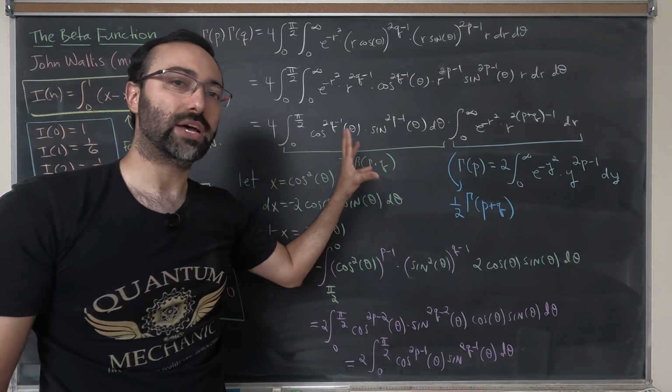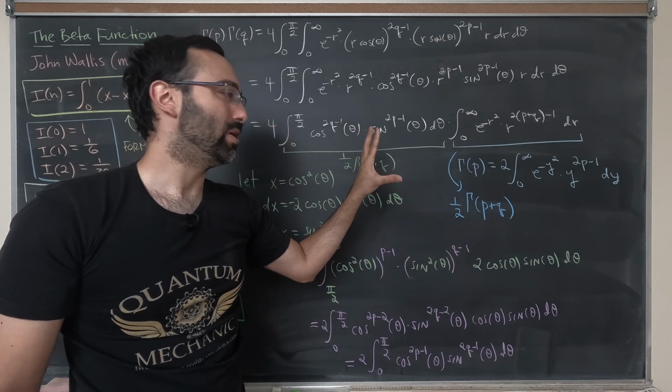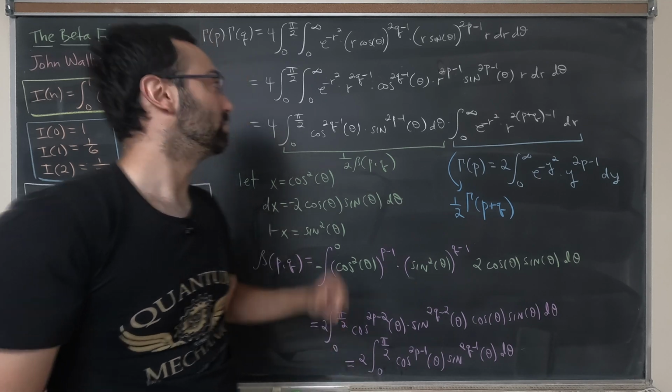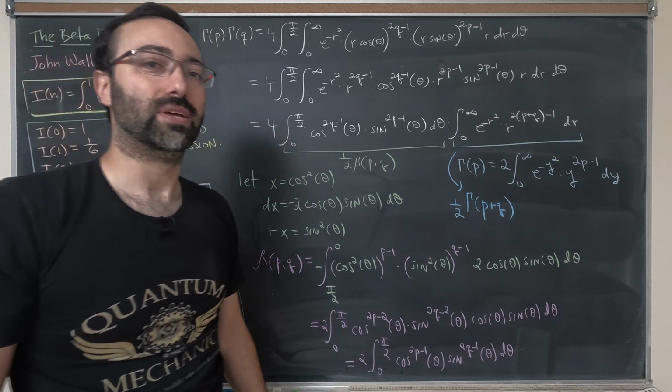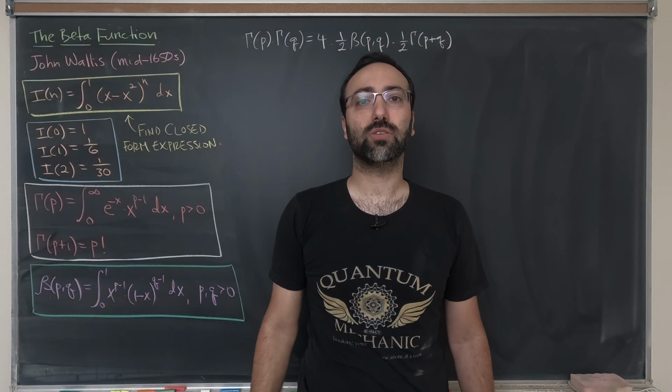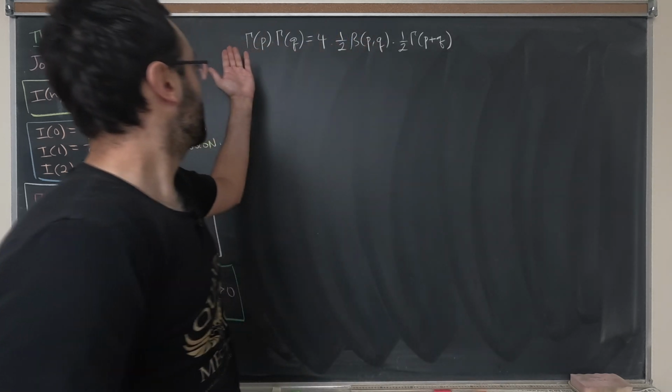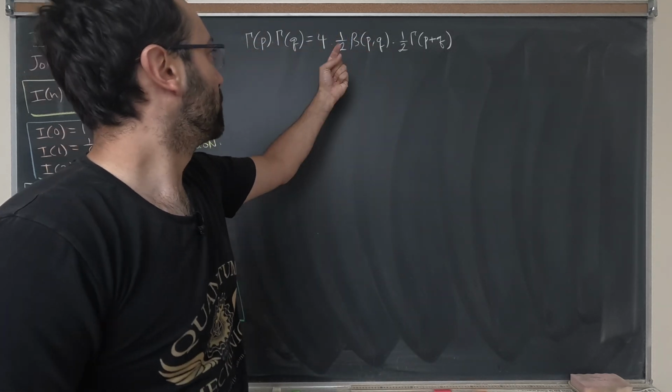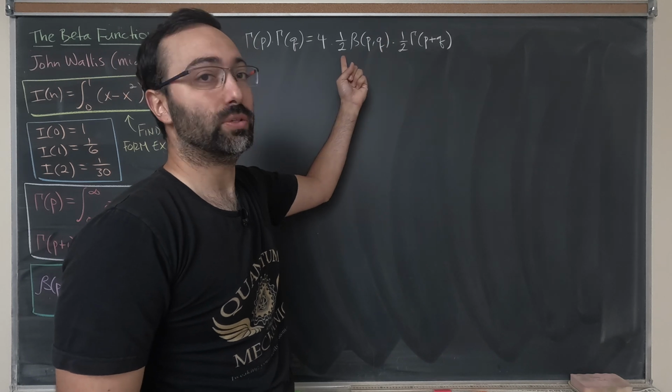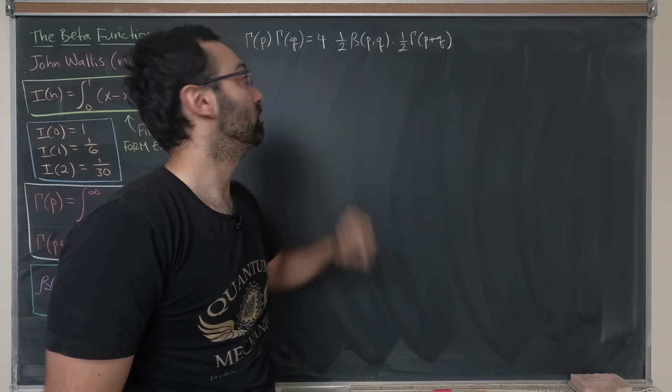So let's put this all together now, and we'll see how we can find a closed form expression for John Wallis's integral. Okay, so here we are to wrap things up. So here's where we left off on the last board. We have 2 factors of a half, that's a quarter, times 4, those cancel to give 1.